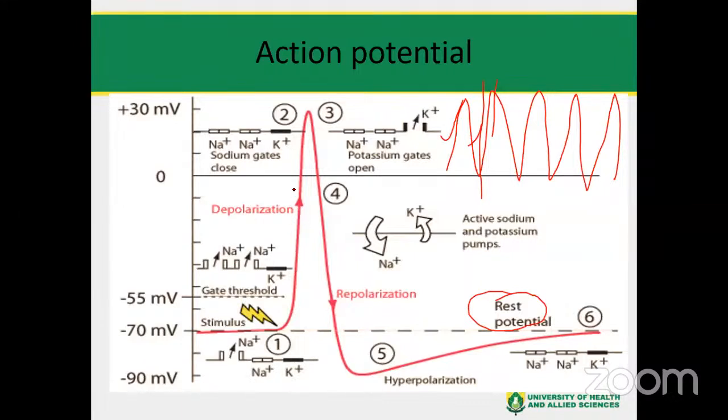When depolarization continues, it drives the membrane toward plus 60, but it will not get there. It will stop around plus 30 millivolts. This is because the sodium ion channels will enter into what we call the inactivation phase.